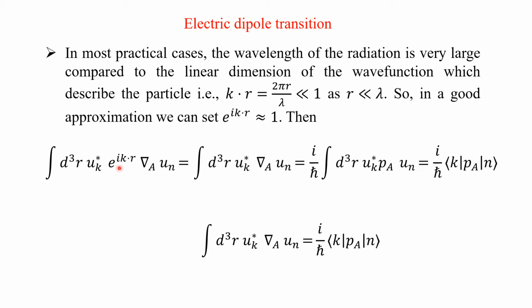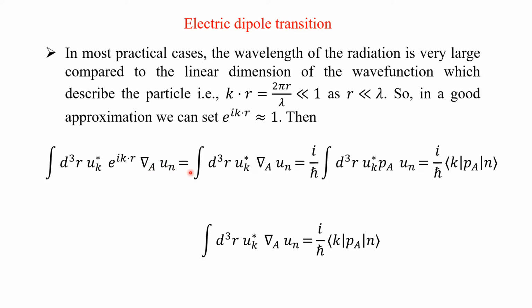Then we have seen the integral d3r u_k star e power ik dot r del_A u_n. I explained in my previous class that del_A represents the propagation along the polarization vector A, where A is the vector potential.